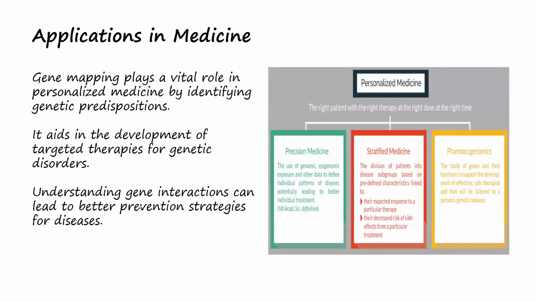So then the next thing is, what are the applications of this gene mapping in medicine? Gene mapping plays a vital role in personalized medicine by identifying genetic predispositions. Understanding the map of the genes can assist in personalized medicine, especially in precision medicine, stratified medicine, and pharmacogenomics.